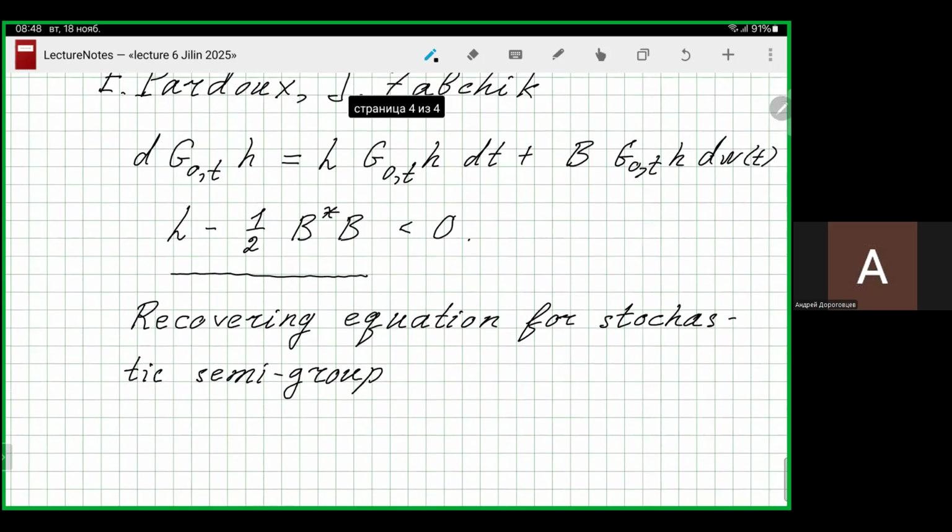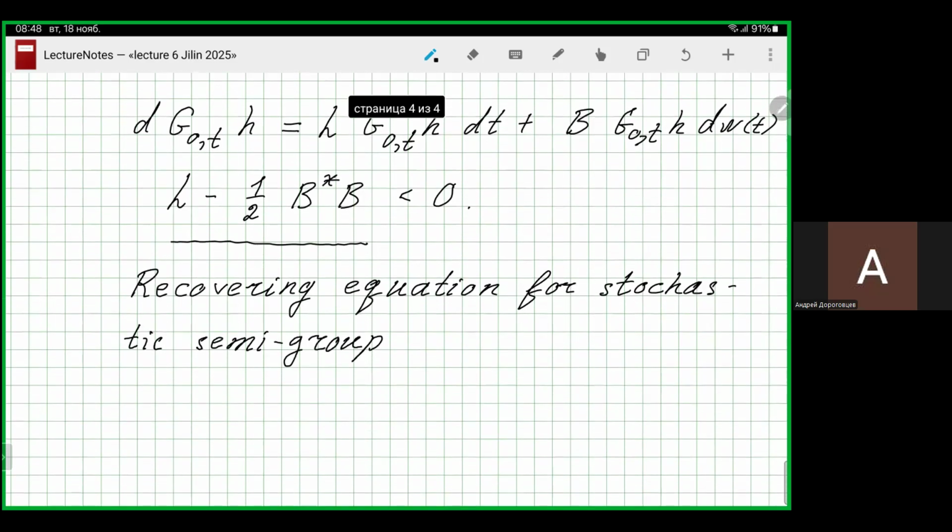Again, let us start from the example. Let us consider a very simple example which we discussed. This is a stochastic exponent.